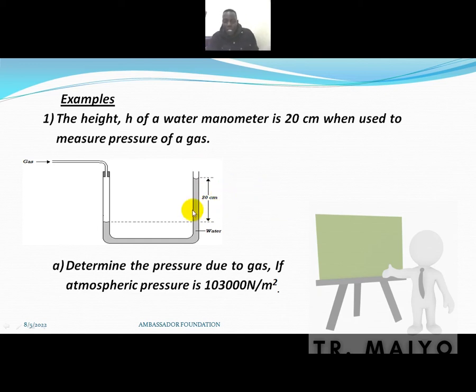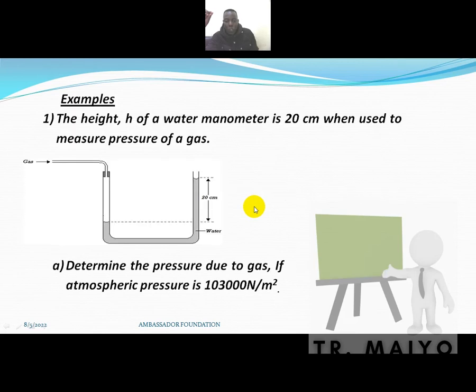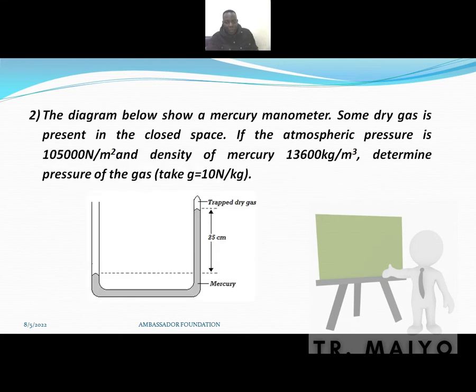Rho GH of water, 1,000 times 10 times 0.2, should be equal to, for glycerin, 1.26 which is 1260 times 10 times H. You will get the height of the glycerin. It will be 16 centimeters. As simple as that.